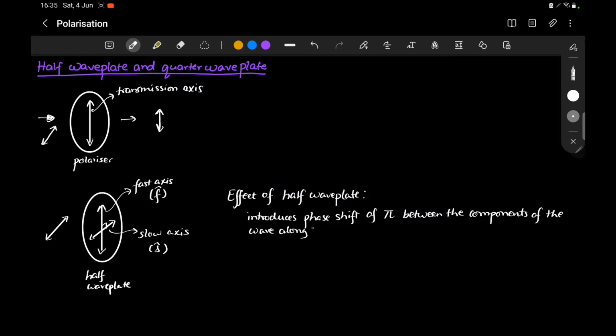So it creates a phase shift of pi between the components of the wave along the F cap and S cap directions. So a phase shift of pi is being introduced between the components along the fast and the slow axes, and fast and slow axes are perpendicular to each other.